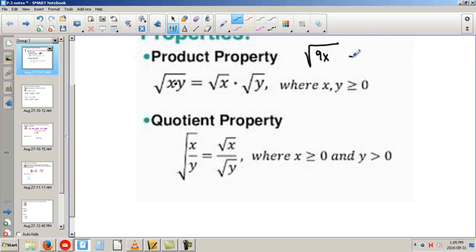Well, I don't know the square root of 9x, but if I separate it as the square root of 9 times the square root of x, I do know the square root of 9 is 3. I still don't know the square root of x, so I can leave that there, but now the problem's a little bit easier to work with.